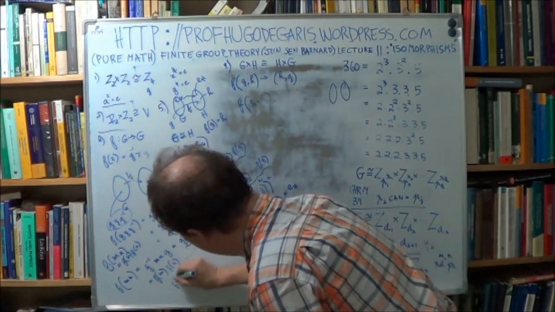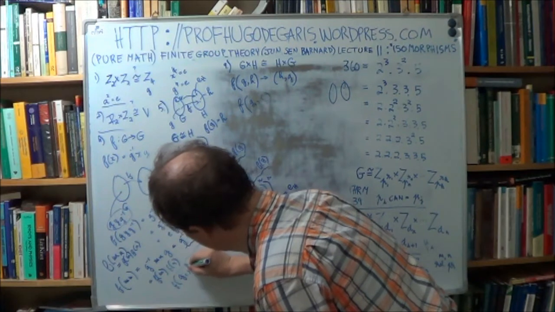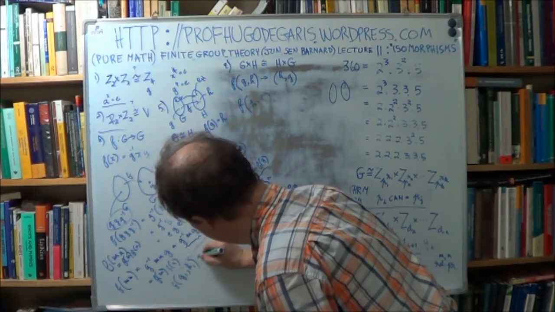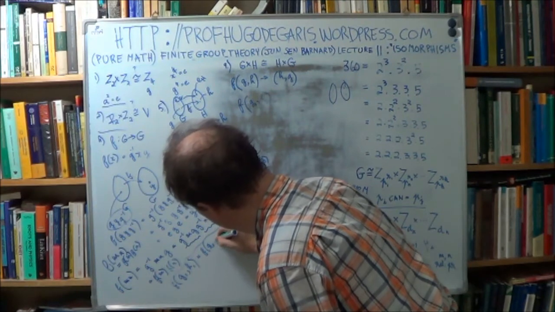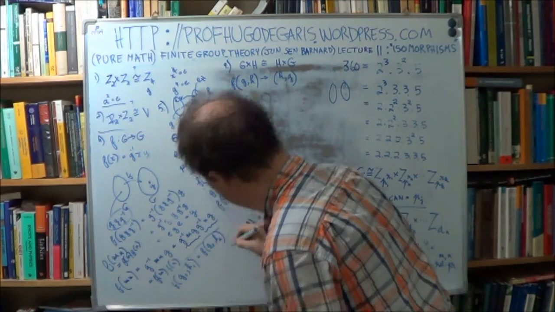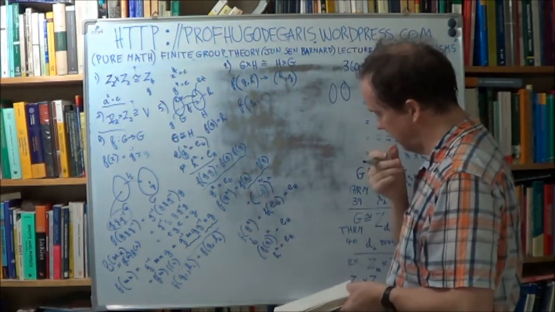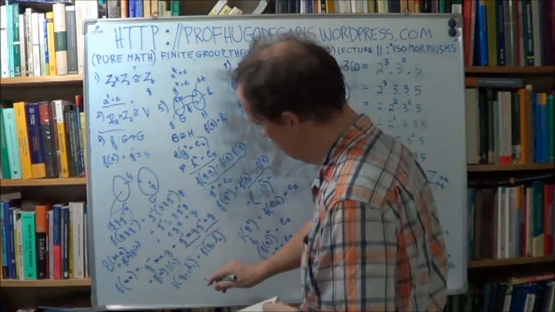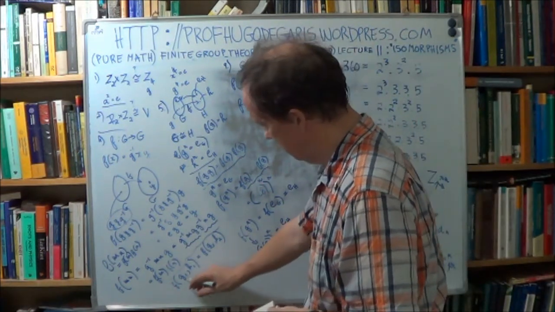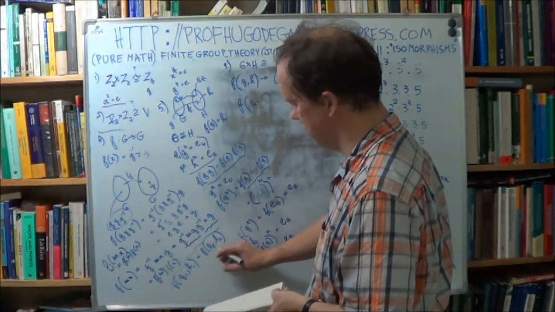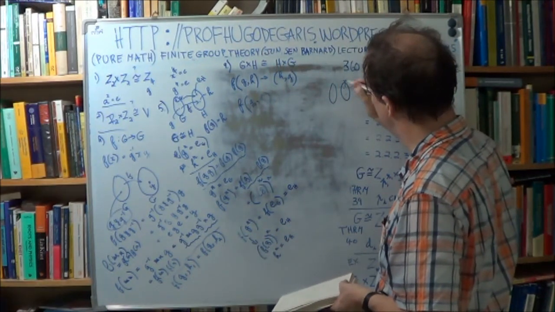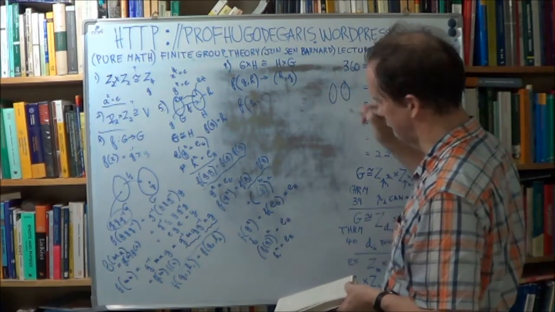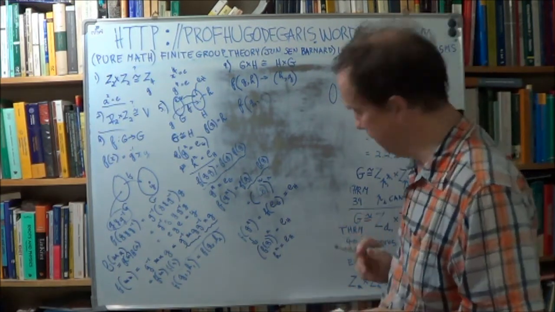So f of G1, H1 equals f of G2, H2. Right? So we're trying to show that G1, H1 is equal to G2, H2, that these two points are effectively the same in the domain.